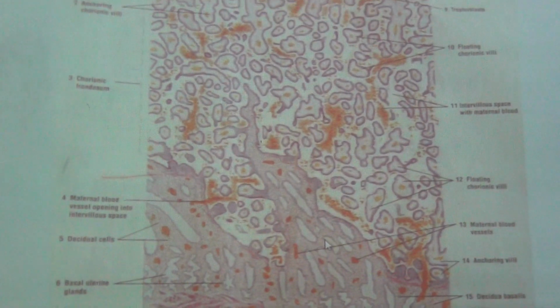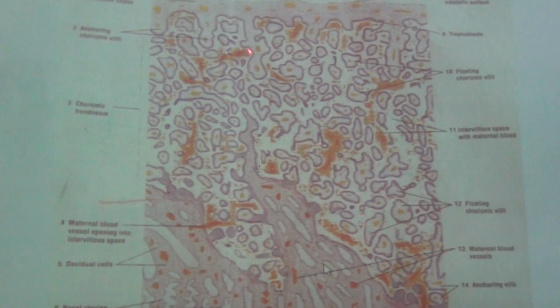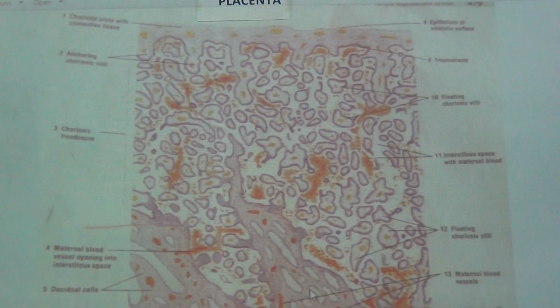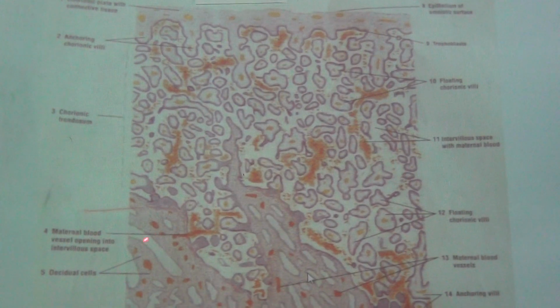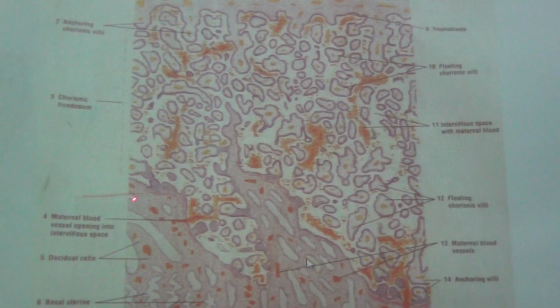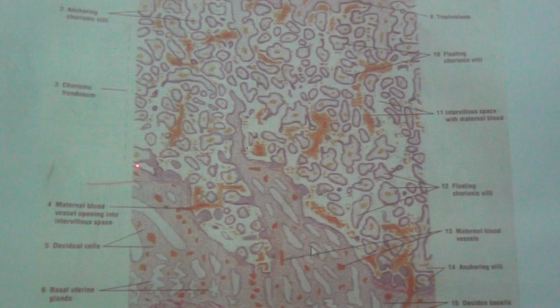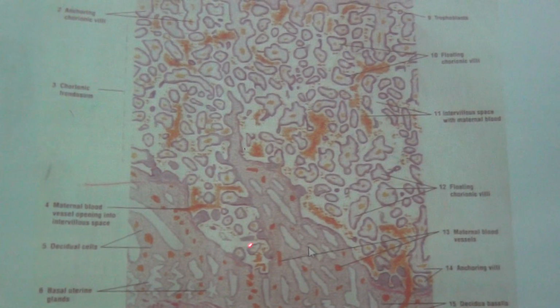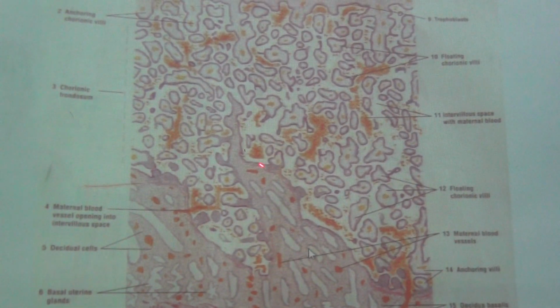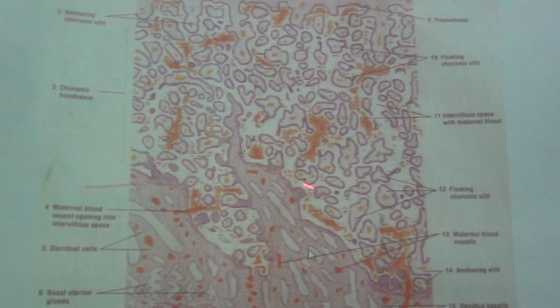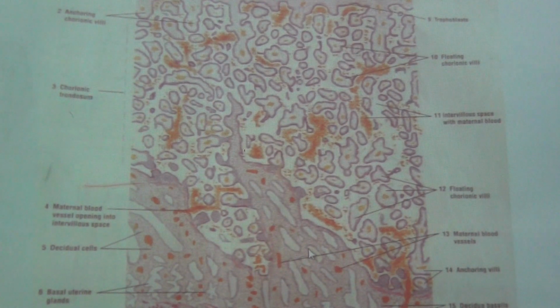The chorionic plate is also lined by the trophoblast, and the decidua basalis, its chorionic surface, is also lined by the trophoblast.